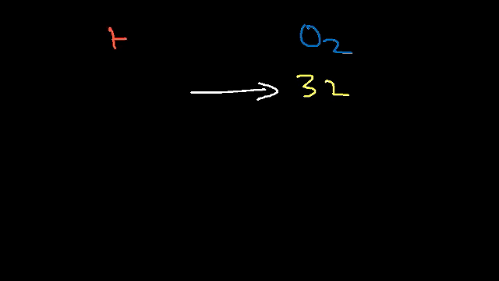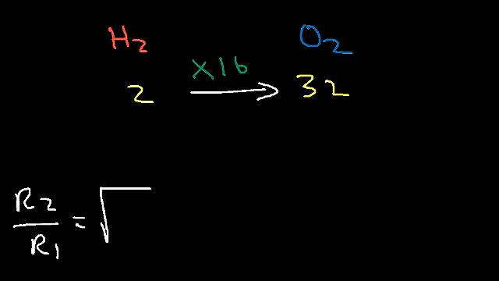The molar mass of hydrogen gas is 2, and for oxygen is 32. So as you go from hydrogen to oxygen, the molar mass increases by a factor of 16. Now keep in mind, the rate of effusion is inversely related to the square root of the molar mass, because as you look at the equation, for the rate, the 2 is on top, but for the molar mass, the 2 is on the bottom. So that tells you that they're inversely related.